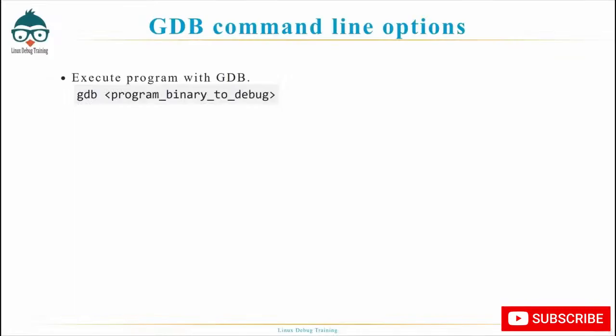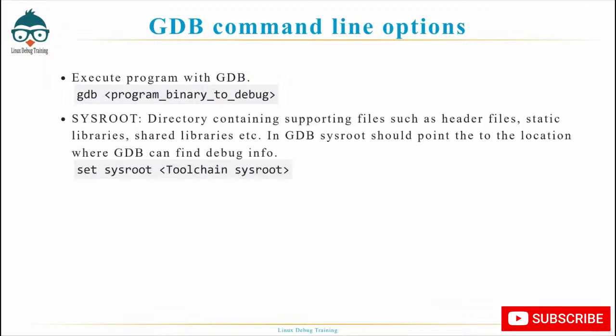We will now look at some of the command line options available to GDB. To execute a program with GDB, we can simply type gdb followed by the program binary that we wish to debug. The sysroot directory is the directory in which GDB looks for the location of the source files. And we can set the sysroot location by typing set sysroot and then a path to the actual location.